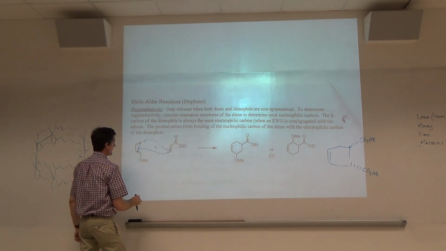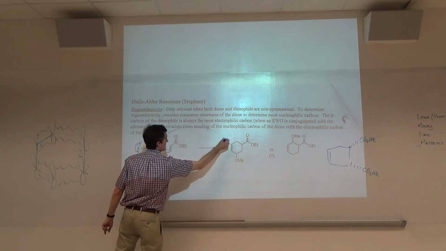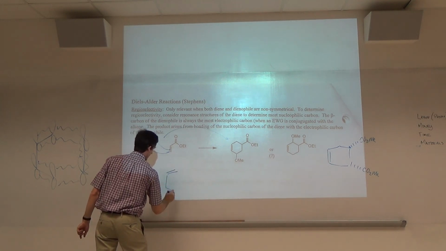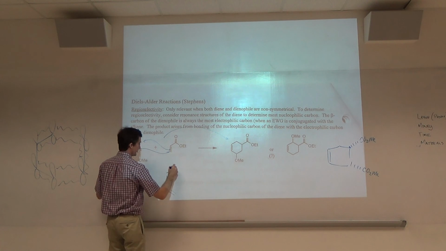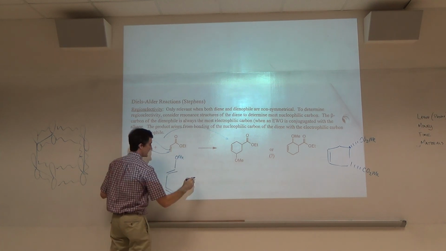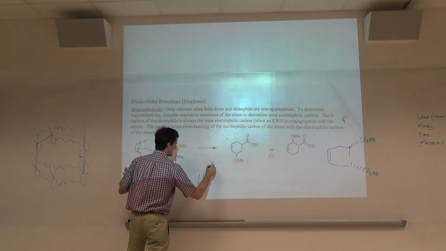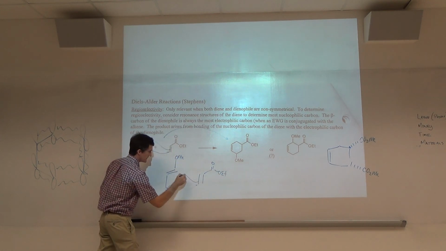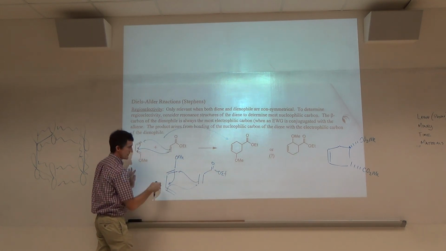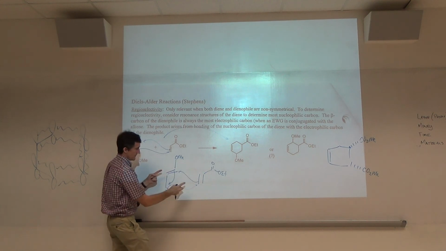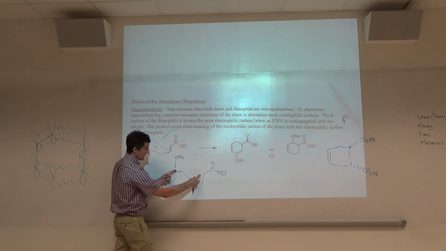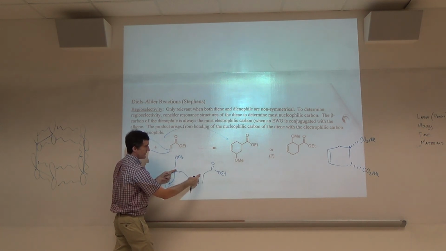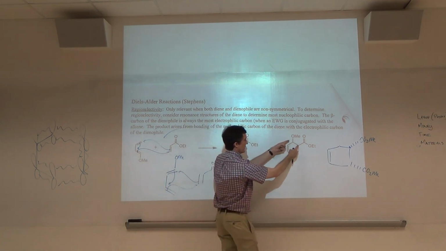Gives that. But we could also flip this over and have this up, keep this the same, and if we zipped it together like this, 4 plus 2, this carbon and this carbon are bonded together, so the substituent carbons are bonded together. We get that.